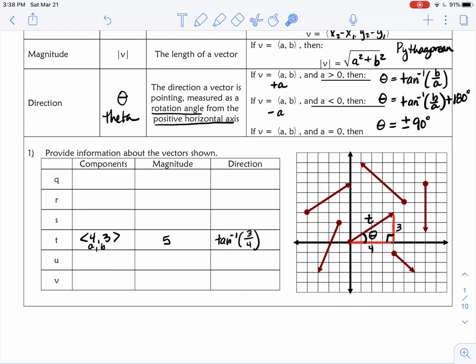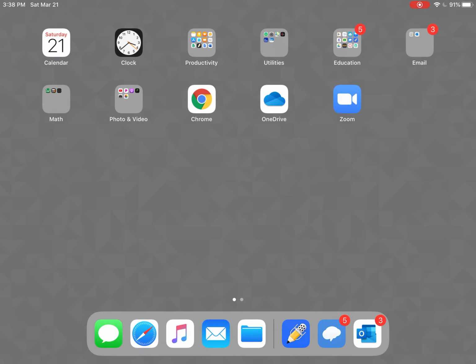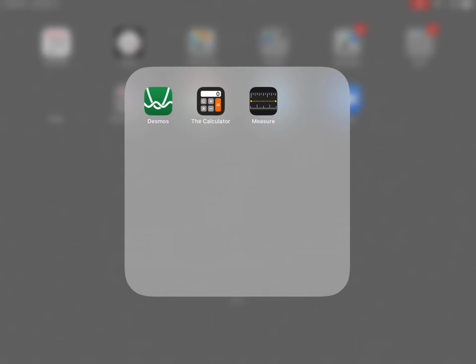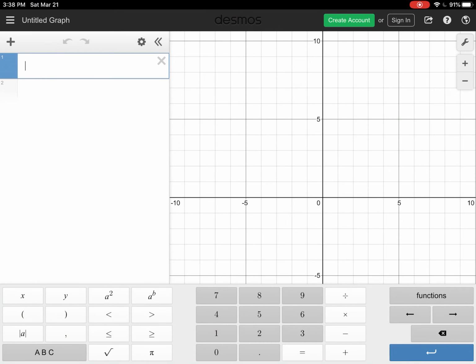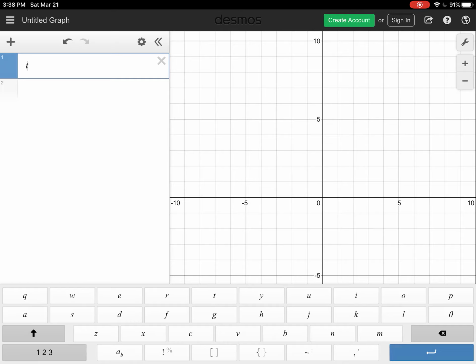Okay, so let's take a look at that because I don't know what inverse tangent of 3/4 is. You can go to Desmos. I don't have a graphing calculator at home either, so we're going to be using this. You can just evaluate inverse tangent without having to worry about graphing.